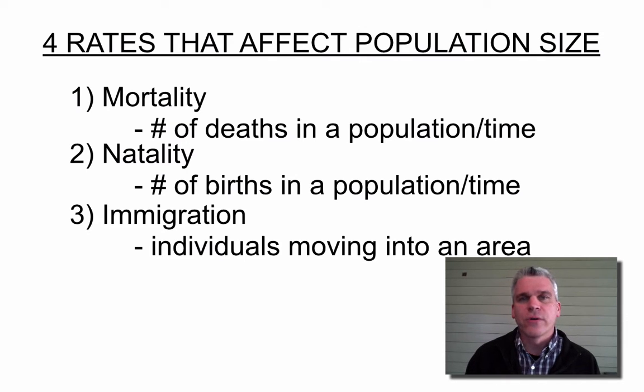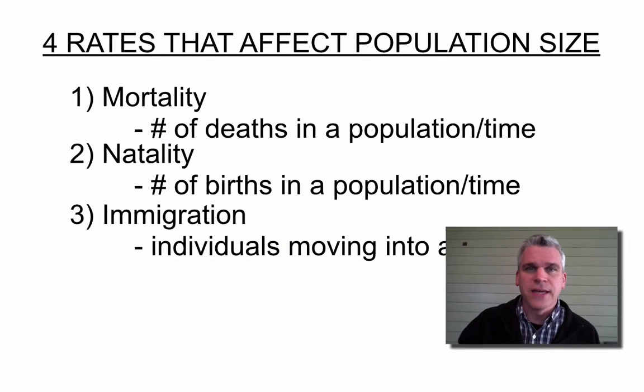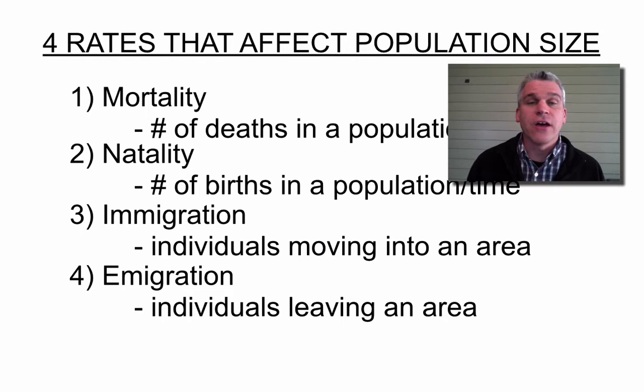So for instance, if we were going to take a look at the population of deer in Wood County, Ohio, it would change on a daily basis because some deer might be moving across county lines, and then you guessed it, others are going to be moving out of county lines. And so we would say that they would be emigrating. How many individuals are leaving an area? So these four things will help us to determine what the rate of change will be in a population.